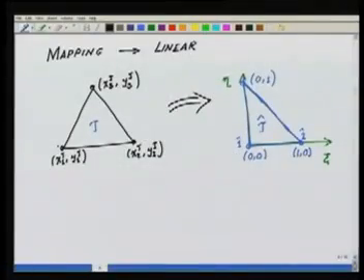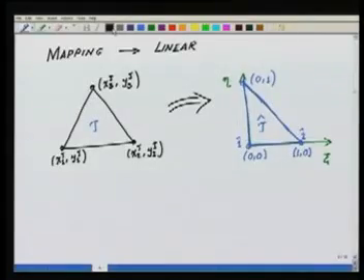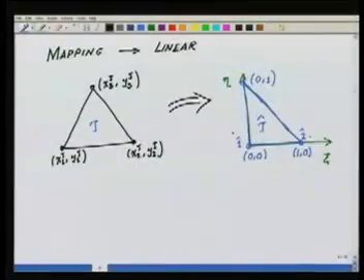Since a linear polynomial in the physical element goes to a linear polynomial in the master element because of this linear map, if a shape function, which is a linear shape function, was 1 at a physical node, it will also be 1 at the corresponding master node. If it was 0 at a physical node, it will be 0 at the corresponding master node, and so on.